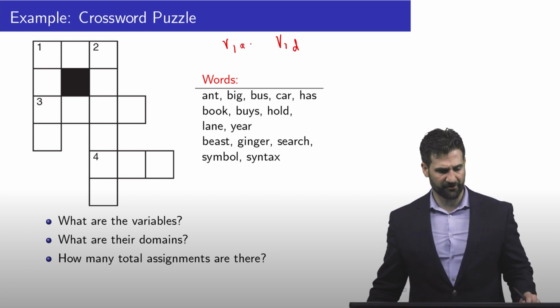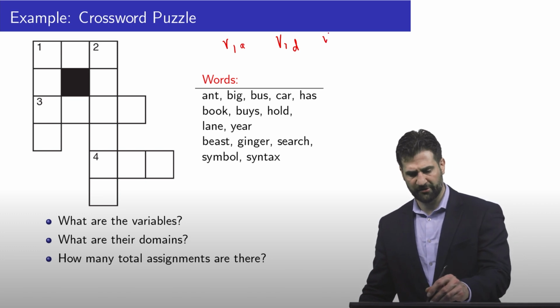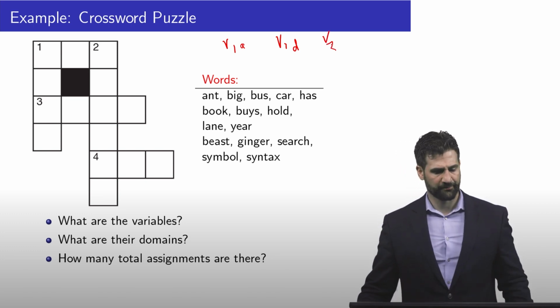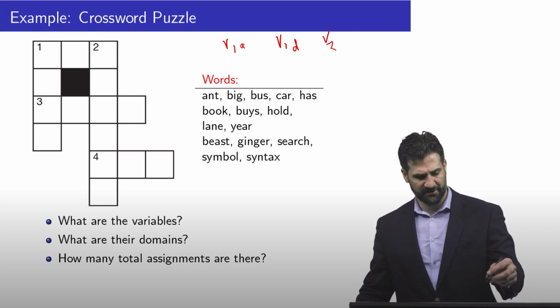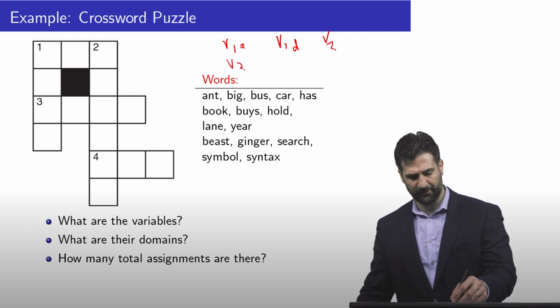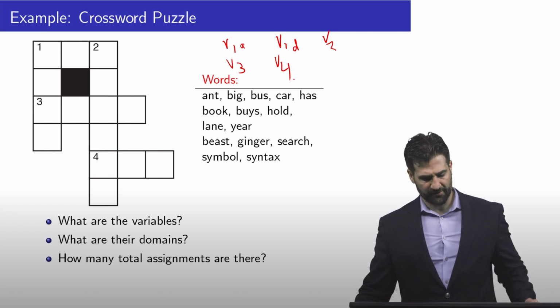We have 2 down, which is the only 2, so we have variable 2. We have 3 across, which is the only 3, so we'll just call that variable 3. And we have variable 4. So we have 5 variables.